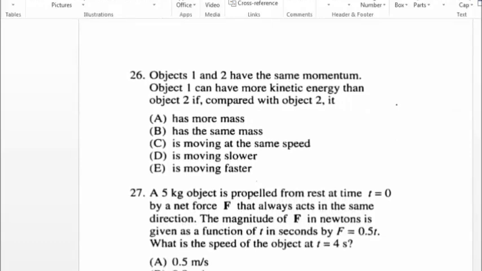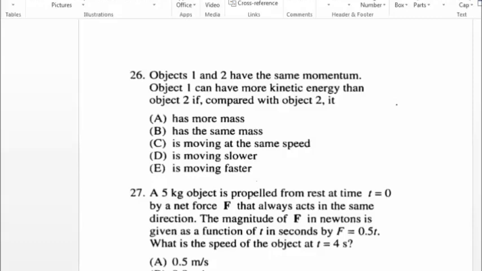Objects 1 and 2 have the same momentum. Object 1 can have more kinetic energy than object 2. Now object 1 and 2 have the same momentum, that means m1 v1 is equal to m2 v2. Object 1 can have more kinetic energy than object 2, that means we want m1 v1 square to be more than m2 v2 square.